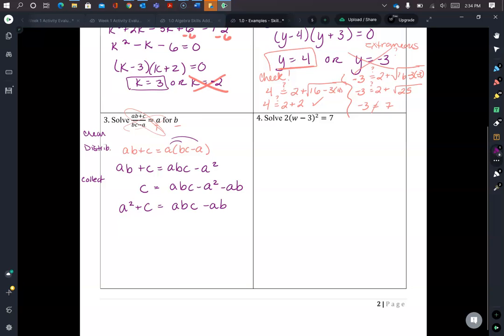So my goal is to isolate that b. So I've got to pull it back out away from this other business going on. So I have a squared + c equals the b, a times the quantity (ac - a).